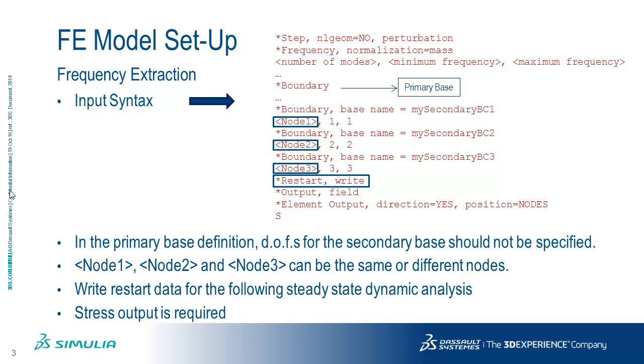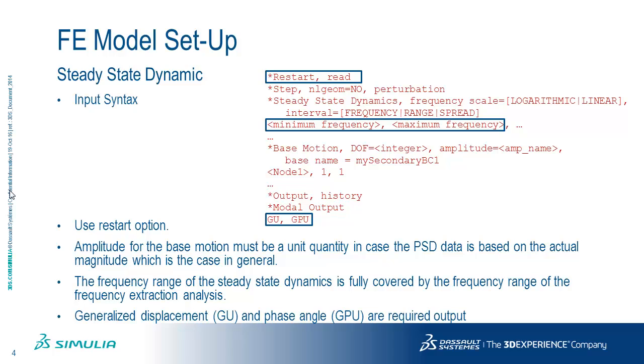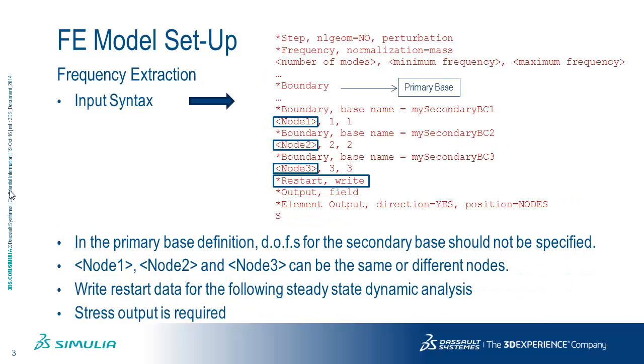And if you have multiple channels for the excitation, then you may need to use the secondary basis. In that case, you should name those excitation points as the secondary basis.